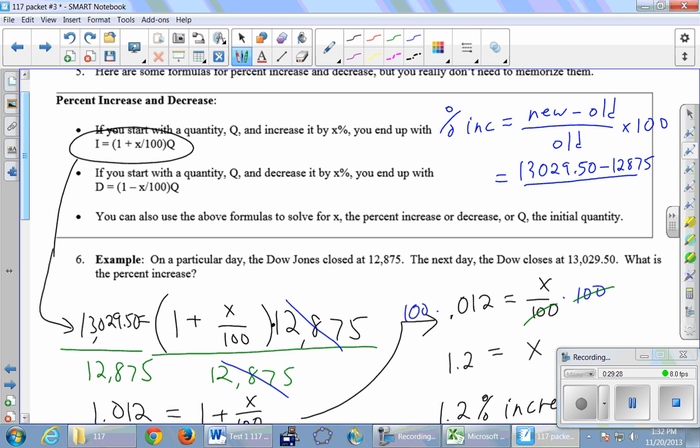It's supposed to be the old, which is which one? 12,875. Multiply by 100. So the folks with the calculator, you type this all in very carefully in one shot. You see, carry the 1, 7, 6, 4.2. You guys didn't realize how good of a calculator I was, right? I'm 3 for 3 on these mental calculations, which is really impressive.